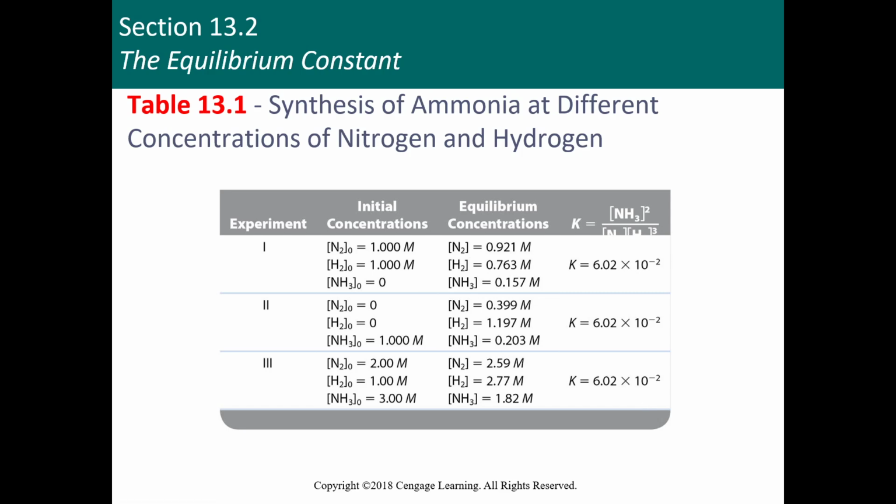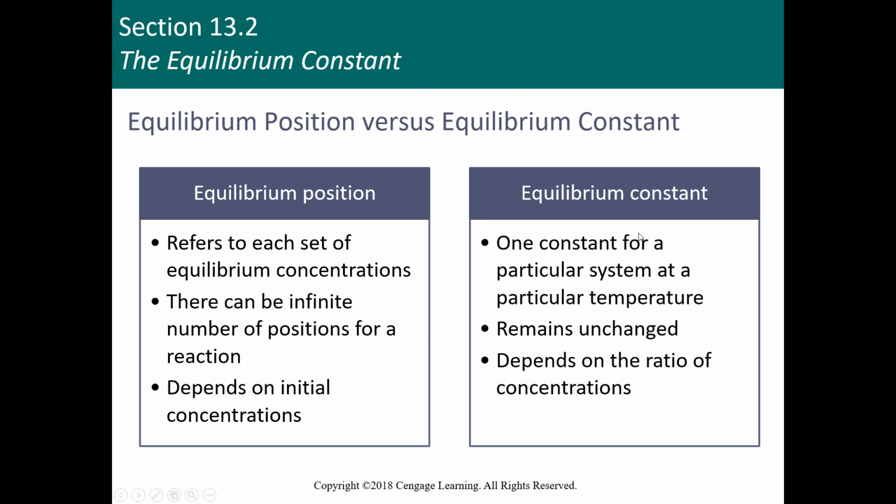And that means that you will get a set of equilibrium concentrations that will always be derived from this equilibrium expression. Okay? So the equilibrium position refers to each set of equilibrium concentrations. There can be an infinite number of positions for a given reaction and temperature.